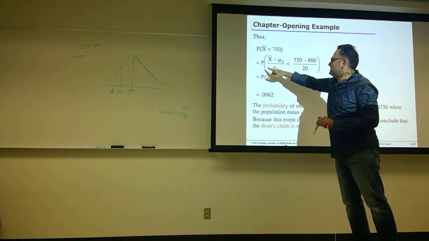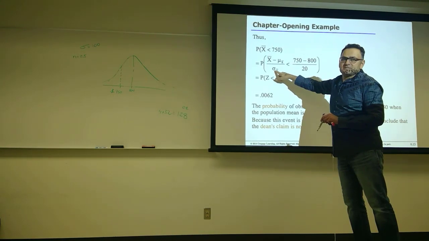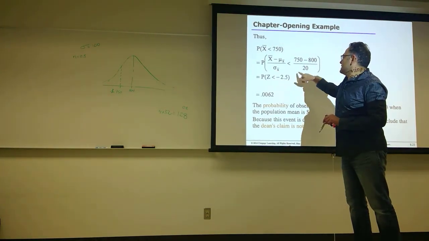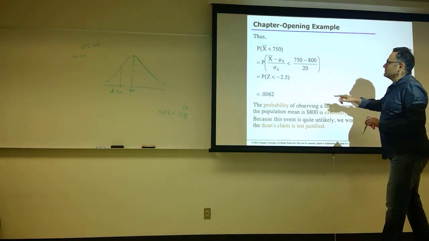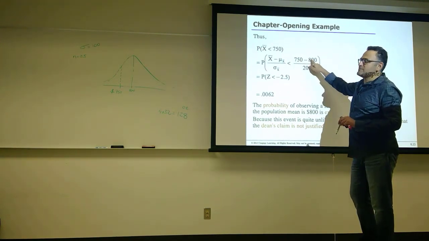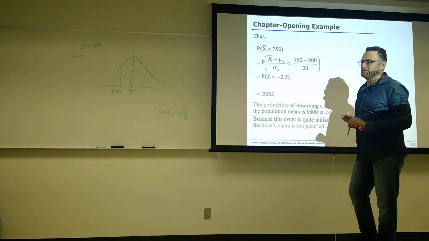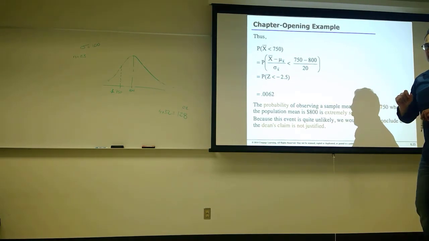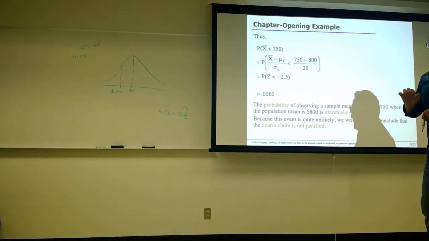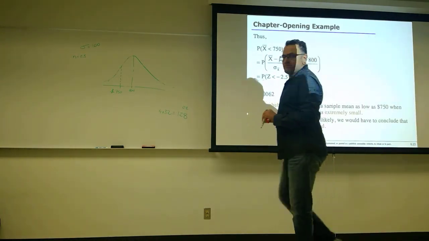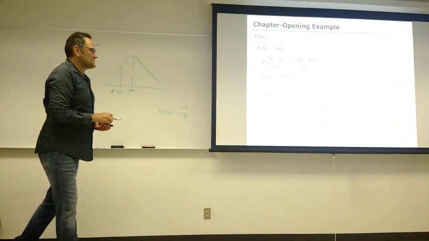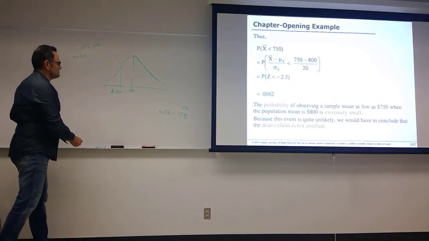This is the sample mean. And we calculated the standard deviation of the sampling distribution, and that is 20. So 750 minus 800 is minus 50, divided by 20. That is minus 2.5. So we have to look for the z-score of minus 2.5, two and a half standard deviations to the left of the mean. And that is pretty extreme.